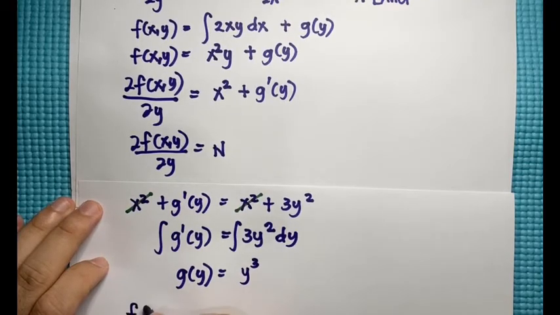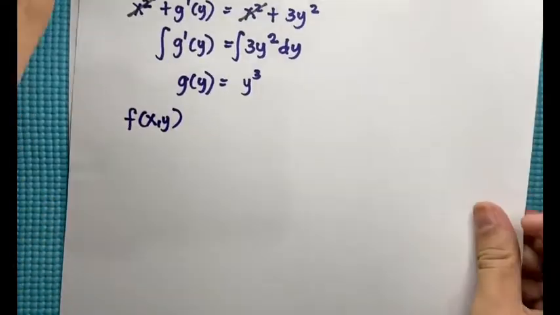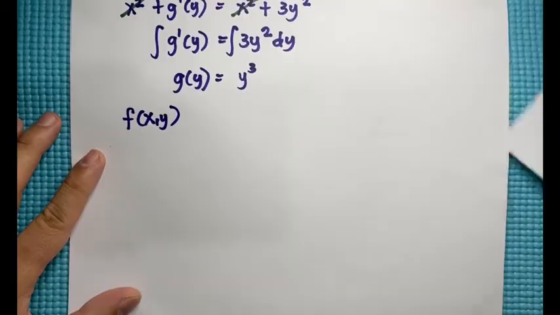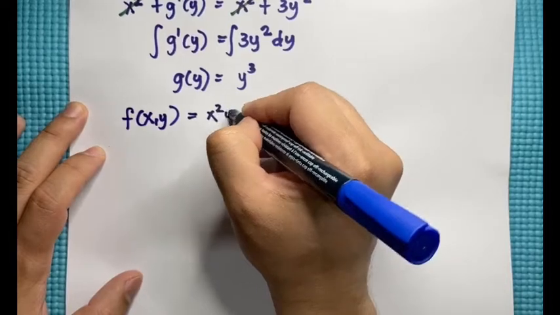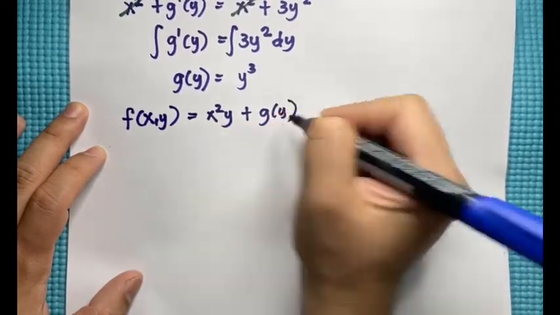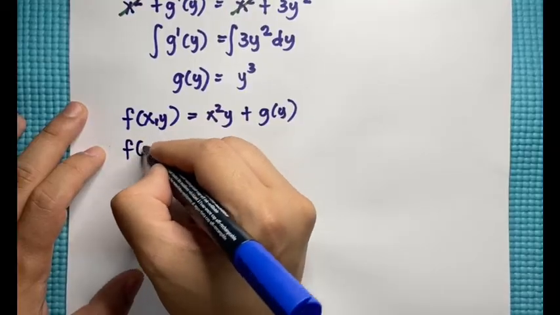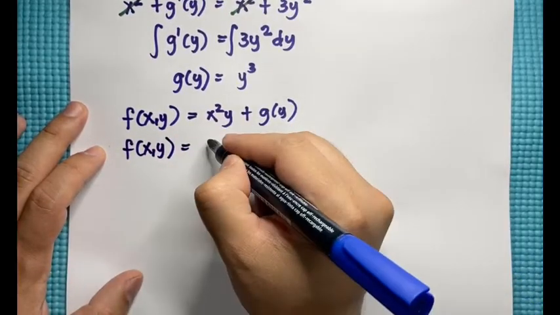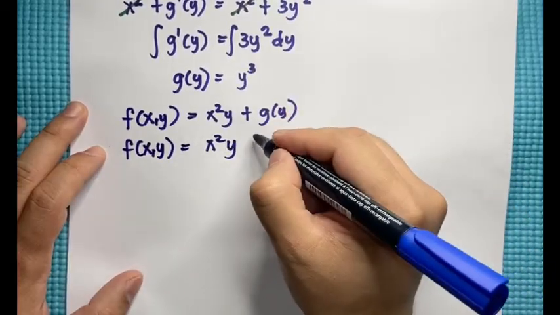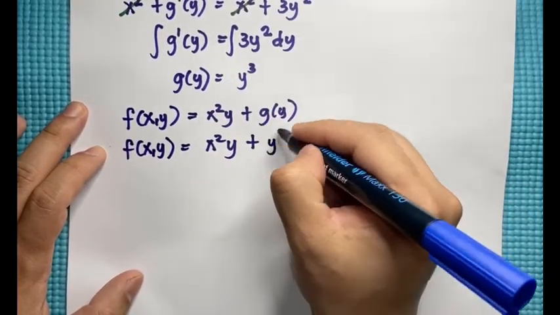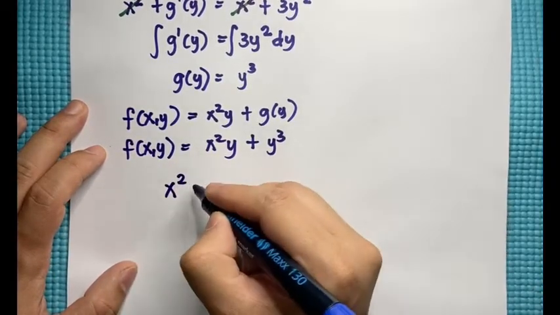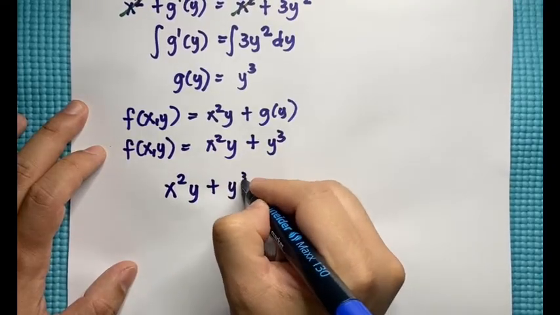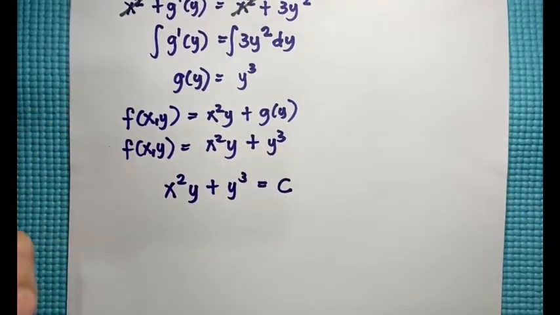And rewriting our original function of x and y, that is equal to x squared y plus g of y, or in short, our f of x, y would be equal to x squared y plus g of y, which is y cubed, giving us the general solution of the differential equation to be x squared y plus y cubed equal to c.